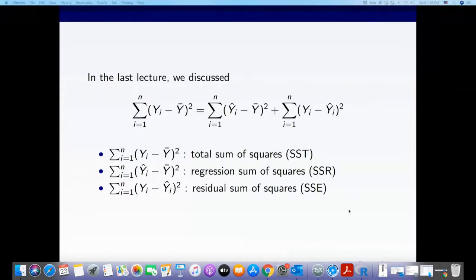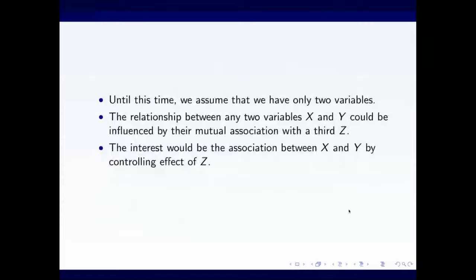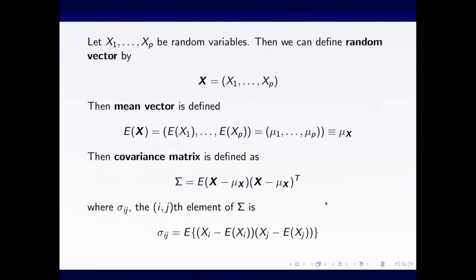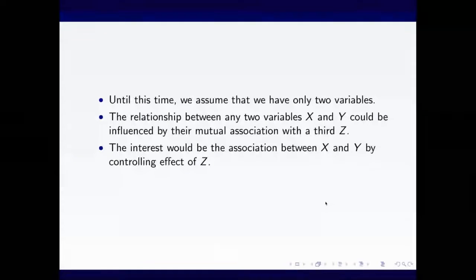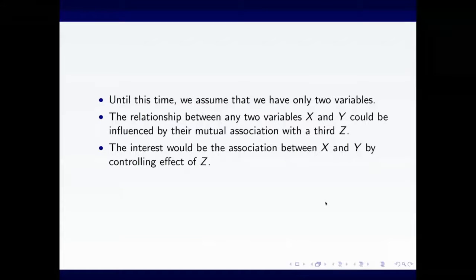Okay, so today we are going to talk about the partial correlation. Until this time, we assumed that we only have two variables. However, we may have one more variable.